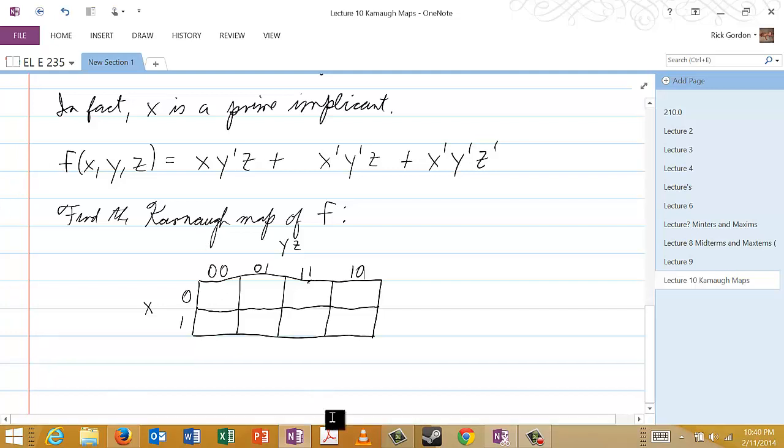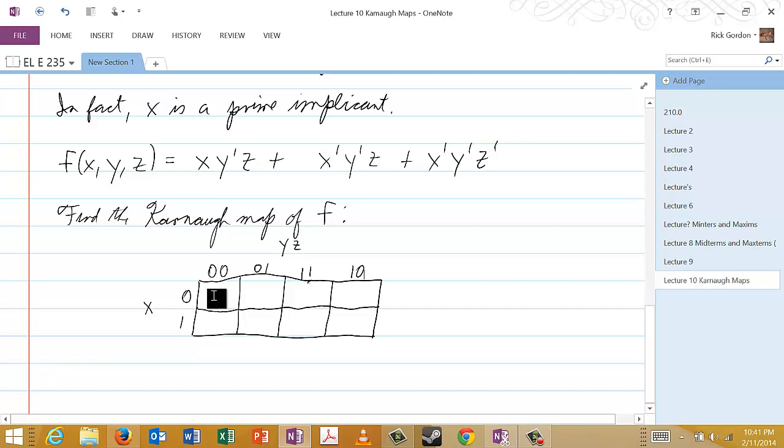That's here in this cell right here. Now if we move, let's say, down, then only one variable changes its value. Y and z will still be equal to 0, but now x will be equal to 1.